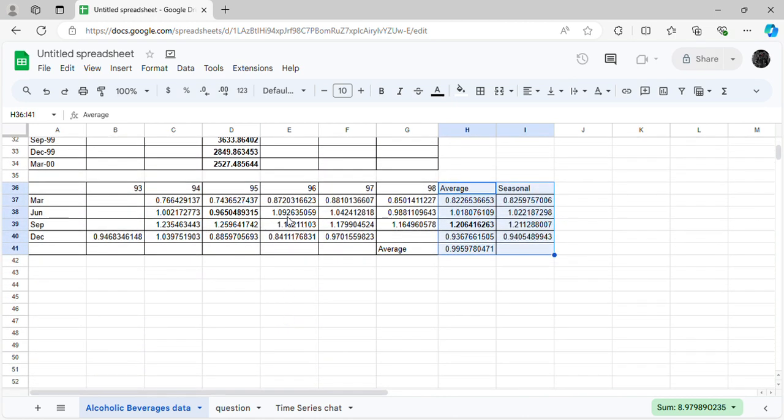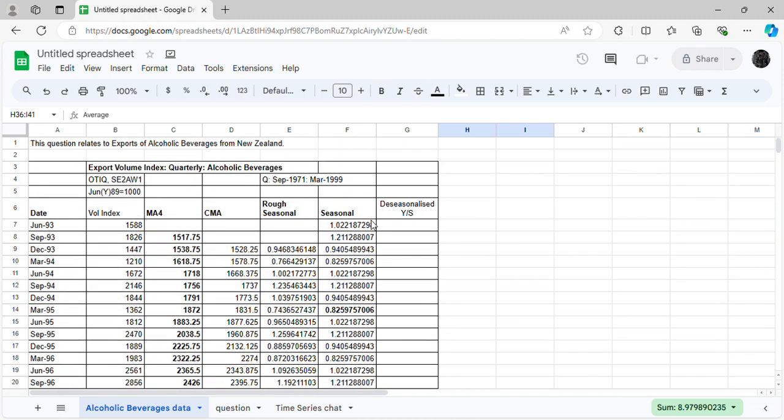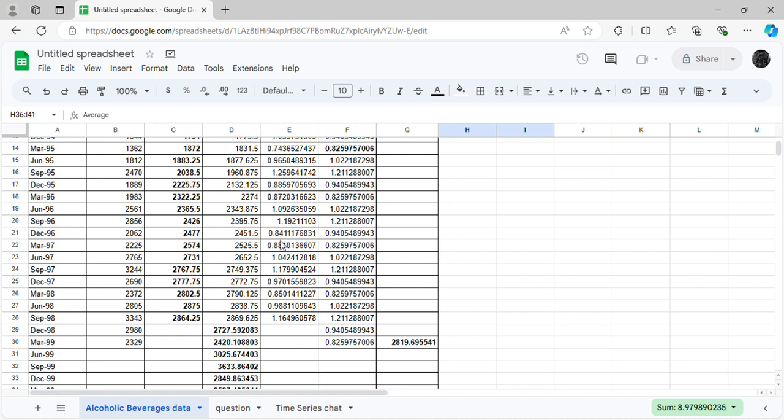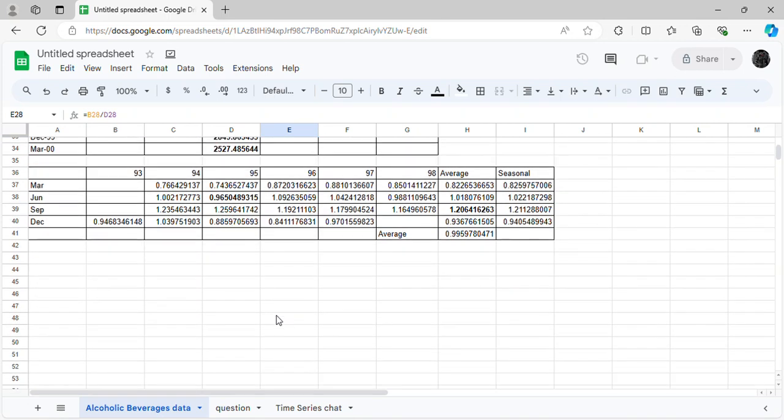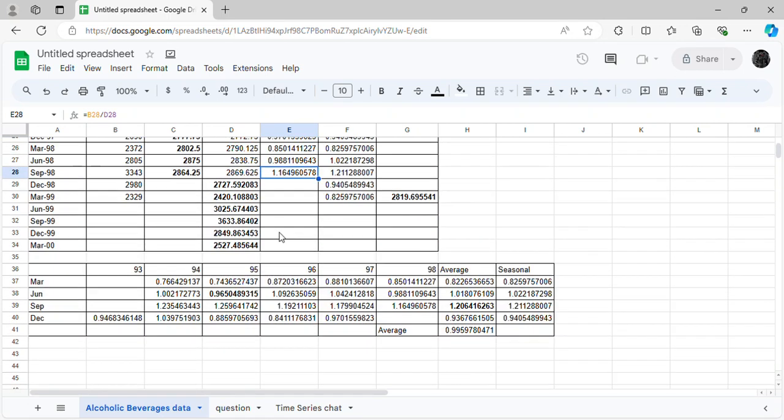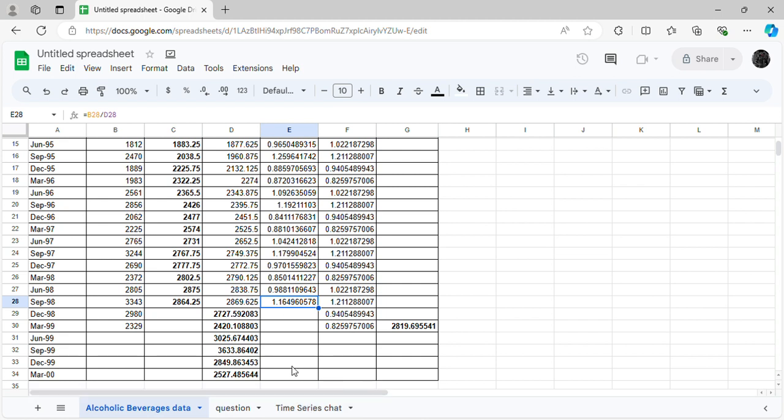Same for 1995, 1996, 1997, and for year 98, we have for March, June, and September. And we don't have for 1999 and year 2000, and even the quarter December 98.